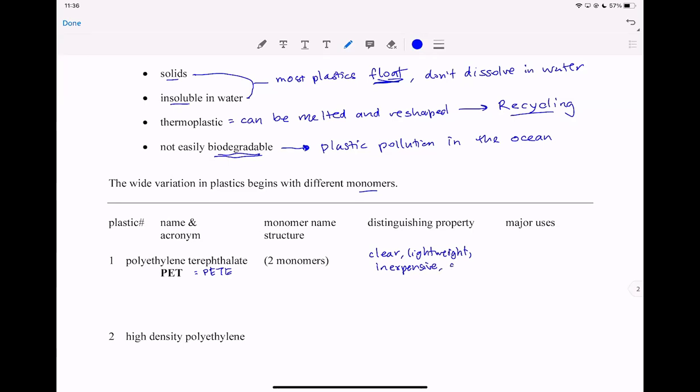It's also pretty durable. It's not the most durable, but it's durable enough. And for that reason, it is used in water bottles and soda bottles. So your standard plastic, most commonly you're coming across is plastic number 1. And yes, that is entirely recyclable.